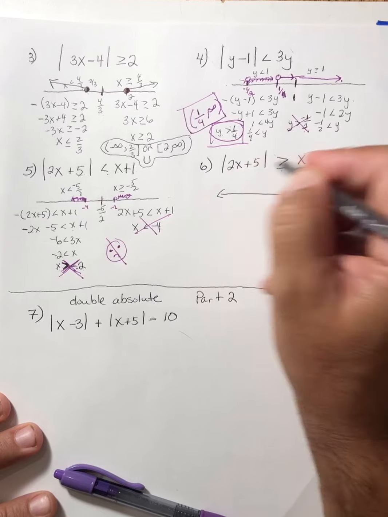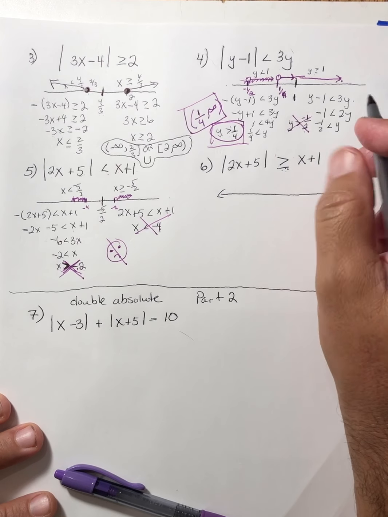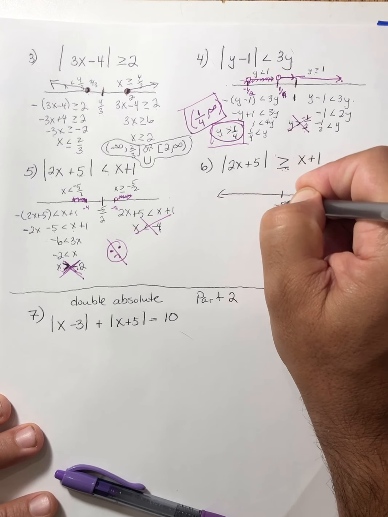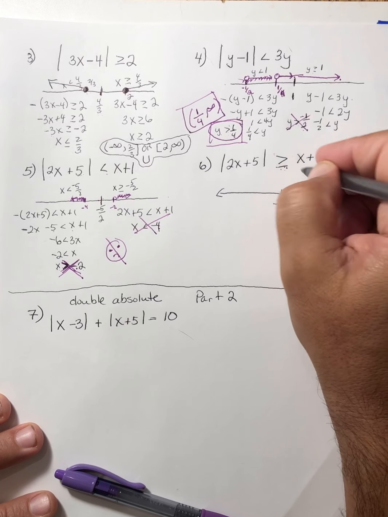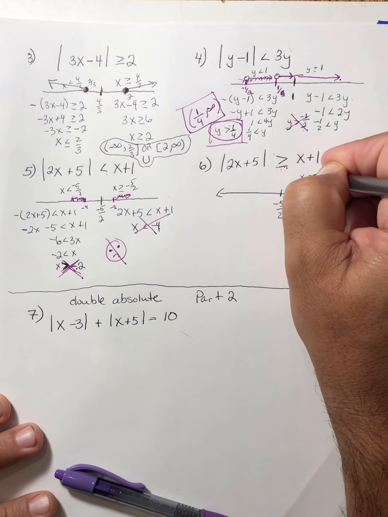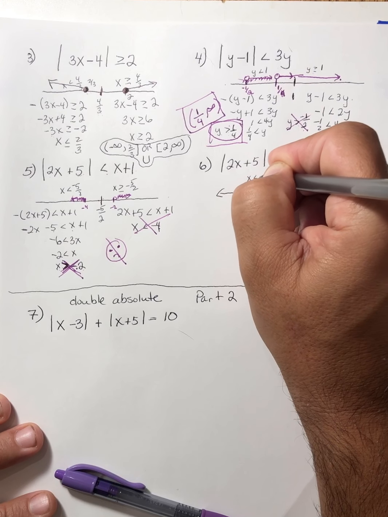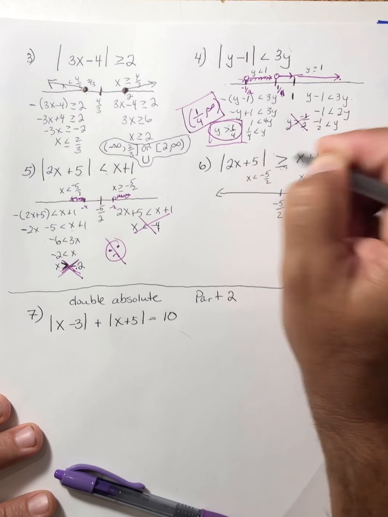Got to include it somewhere. Okay. Alrighty, so here's my negative 5/2. So over here is the region of x was greater than negative 5/2. Here was the region x was less than negative 5/2.